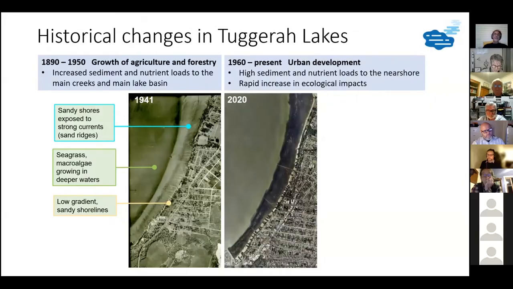From the 1960s to present, that was really marked by really intense urban development of the lake fringes. So that greatly increased the sediment and nutrient loads to those fringing or nearshore areas, and what we witnessed was a rapid increase in ecological impacts.